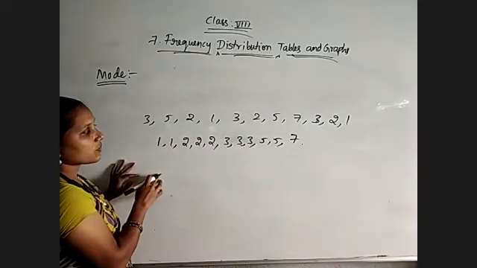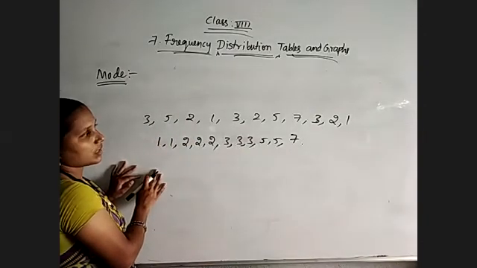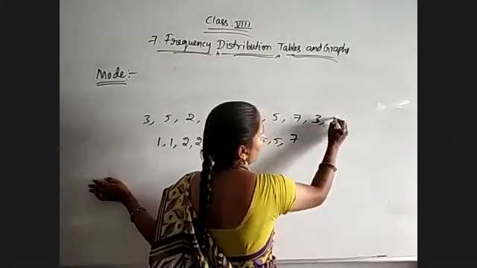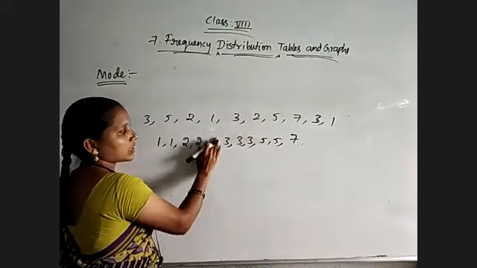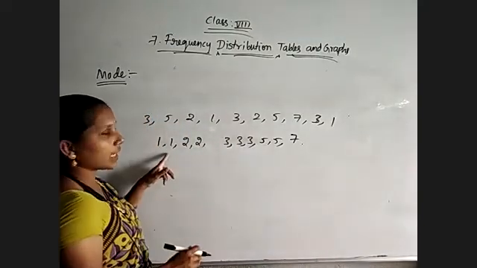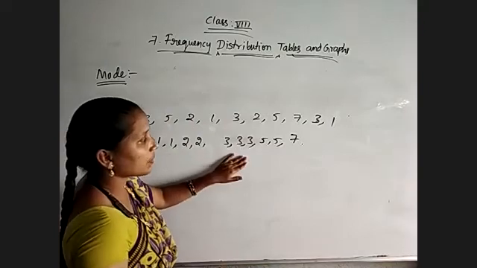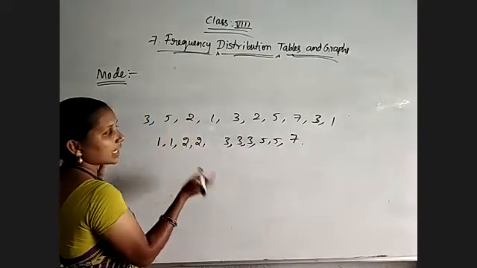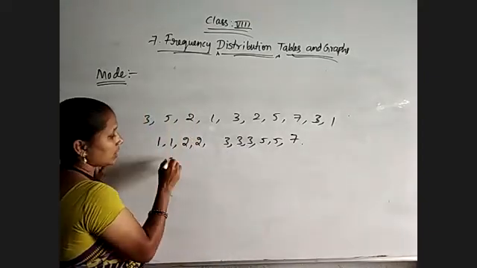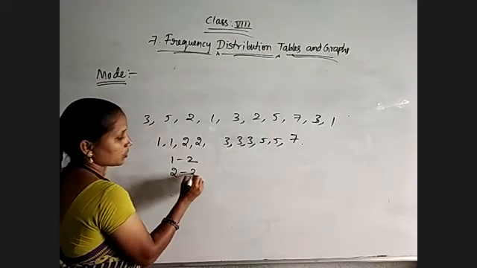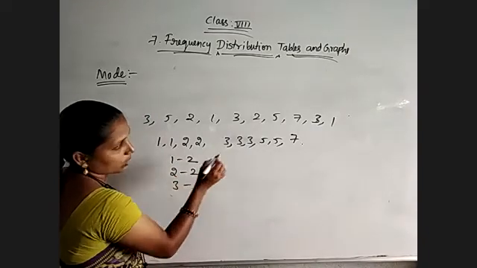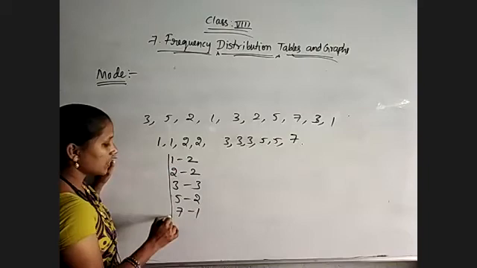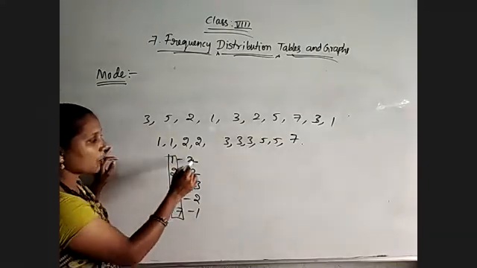Now, in this, which one is coming more number of times, we will see. 1 came twice, 2 came twice, 3 came 3 times, 5 came 2 times, 7 came only 1 time. These are the observations in the given data and how many times they are appearing.